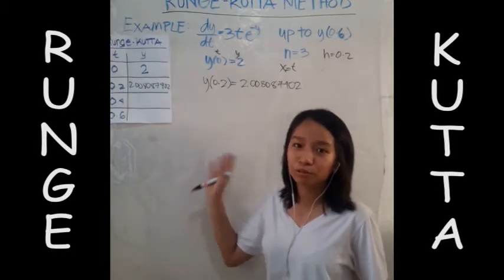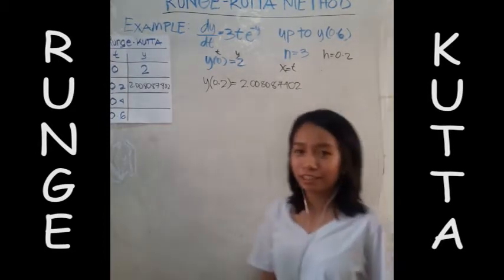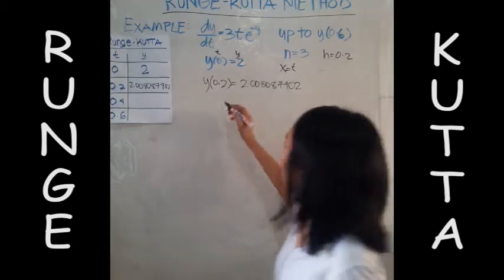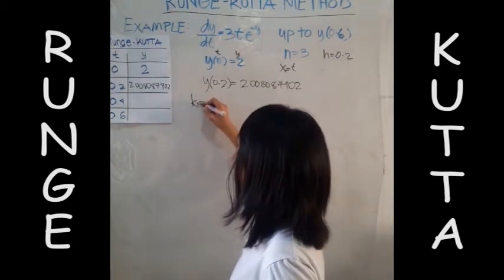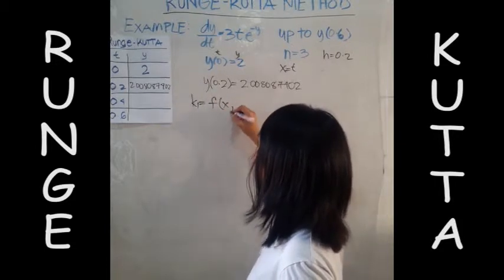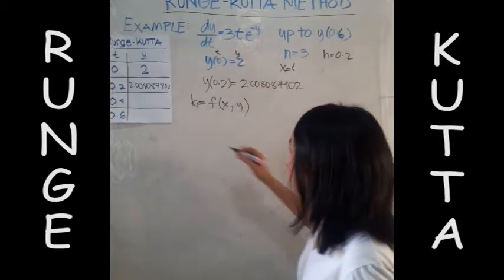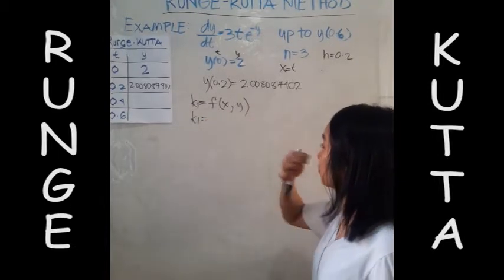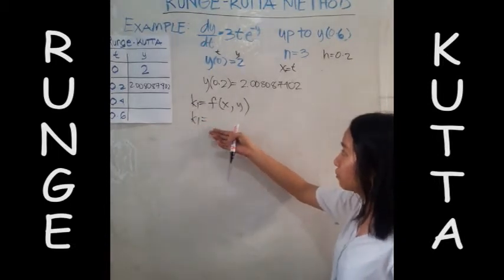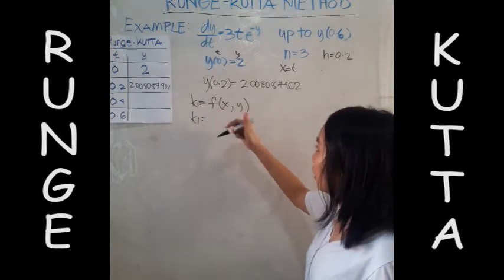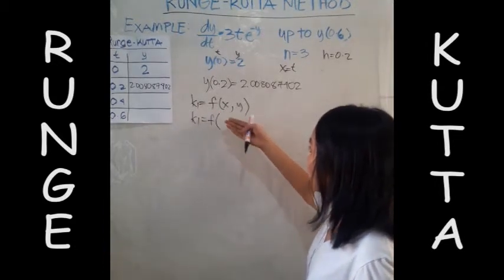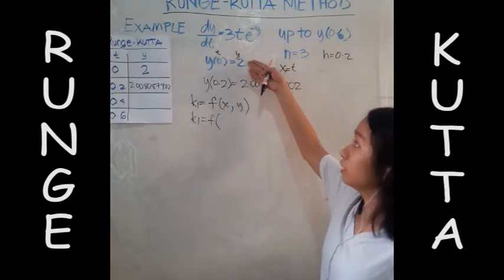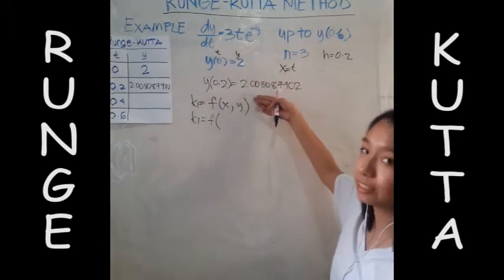I'm just going to do the same procedure that I did earlier. So I'll show you how it works. So again, K1 is equal to function of x and y. So instead of using the earlier initial value, I will use this.